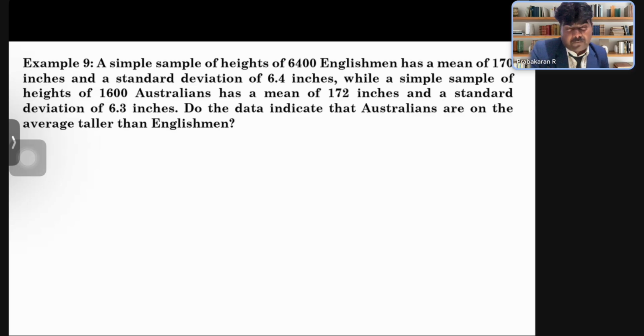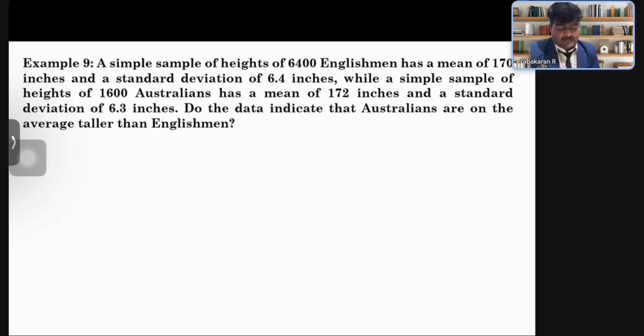So we are going to compare Englishmen with Australians, to see whether one is taller than the other on average. By reading, they have given the two samples, one is Englishmen, another is Australians, with their average height and standard deviation, and they ask us to compare whether Australians are taller than the Englishmen.